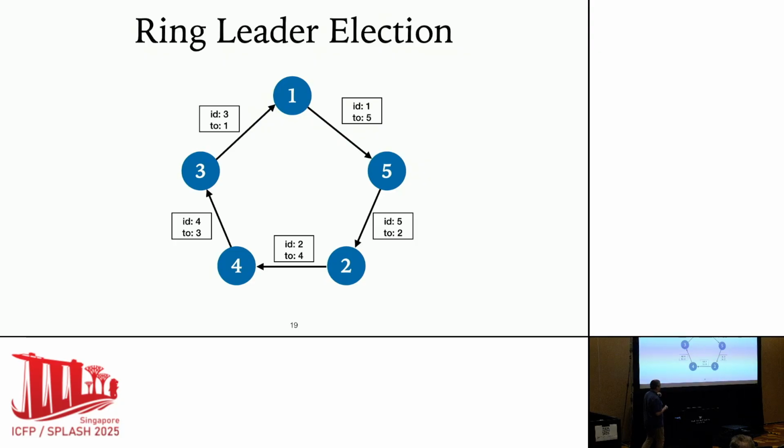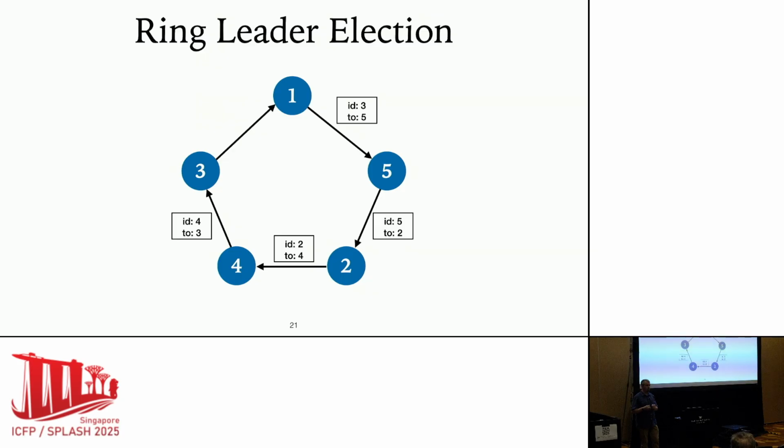And each node, upon receiving a message, if it has received one with a larger identifier, it then passes it through and sends it to its next neighbor. Otherwise, it just consumes this message and mutes it. So for example, the message from 1 to 5 doesn't go any further because 1 is smaller than 5.